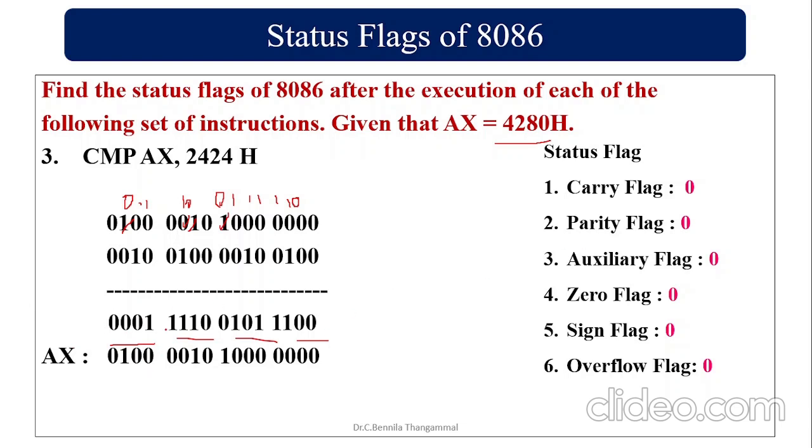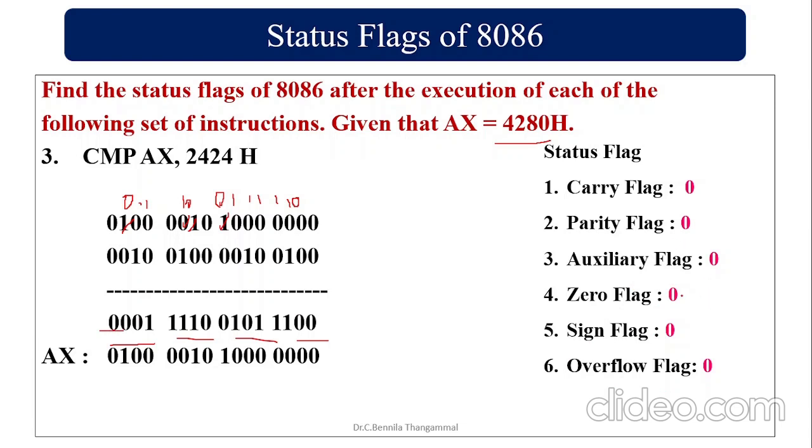So here the carry flag is 0, and the parity flag is 0, as the number of ones is 1, 2, 4, 5, 6, 7, 8, so 8 ones, an even number. The auxiliary carry is 0, and for the zero flag, you have an output, so the zero flag is 0. The sign flag is 0 and the overflow flag is 0.